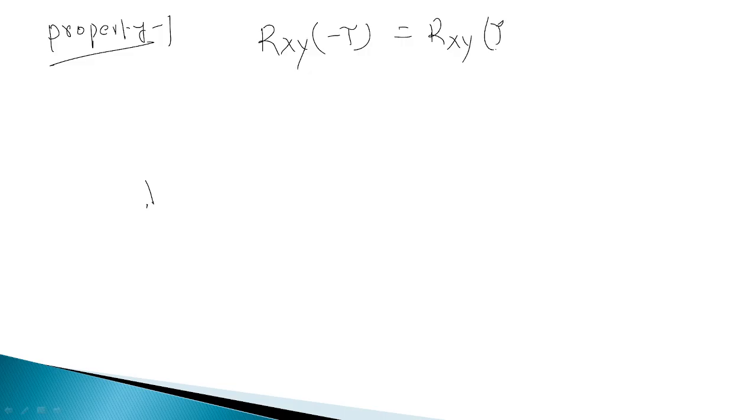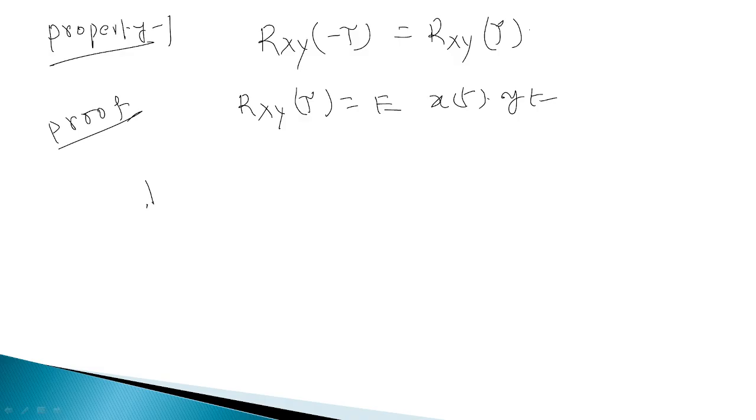Property 1: R_XY of minus tau is equal to R_XY of tau. Coming to the proof, as we know, the cross correlation R_XY of tau is equal to E of x of t multiplied by y of t plus tau.